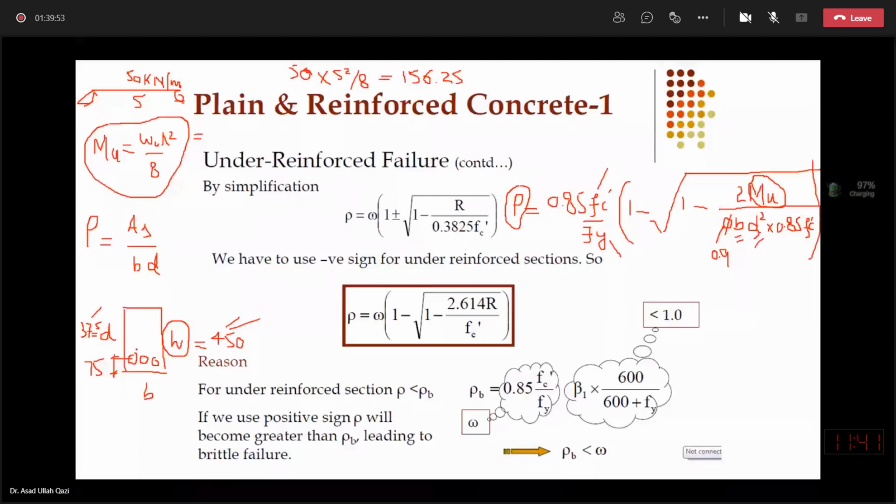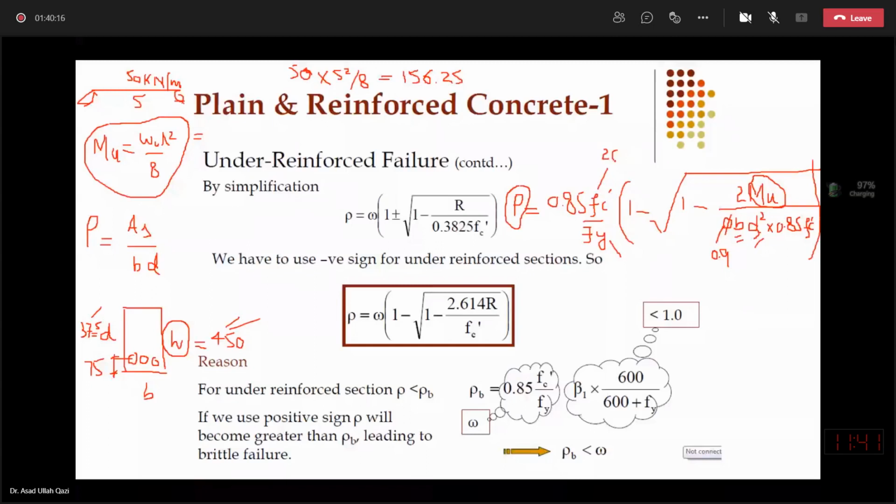So based on my previous recent experience, let me select for this beam H 450 and D 375, assuming cover of 75. And let me select FC prime 20 and FY 300.